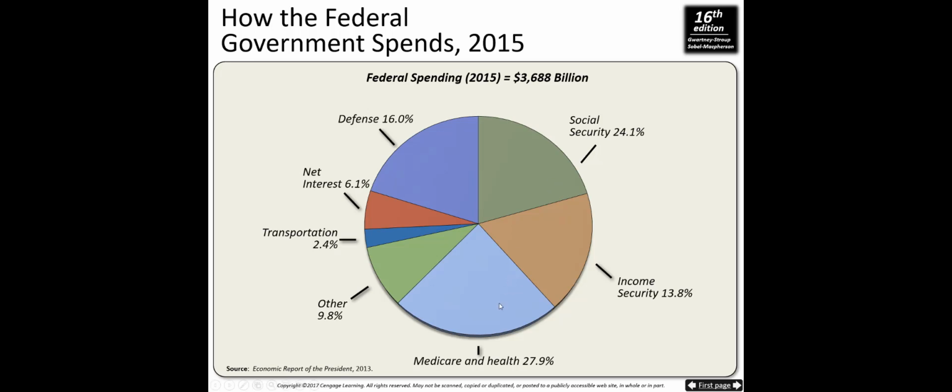The main categories are Medicare and health, 27.9%, Social Security, 24.1%, and then we have defense, 16%, and income security, 13.8%. And also government pays for interest, 6.1%, because government borrows money.